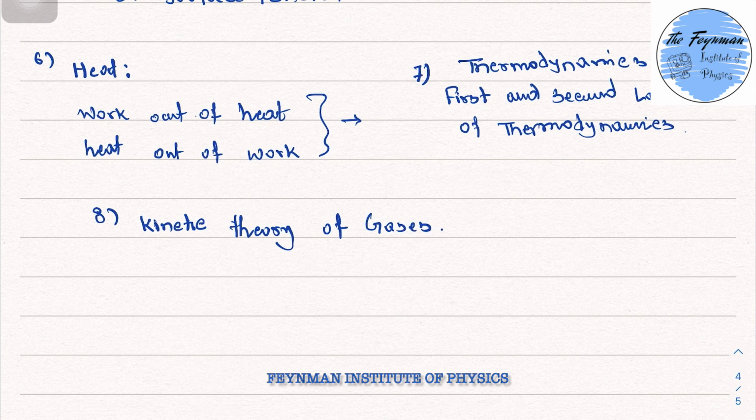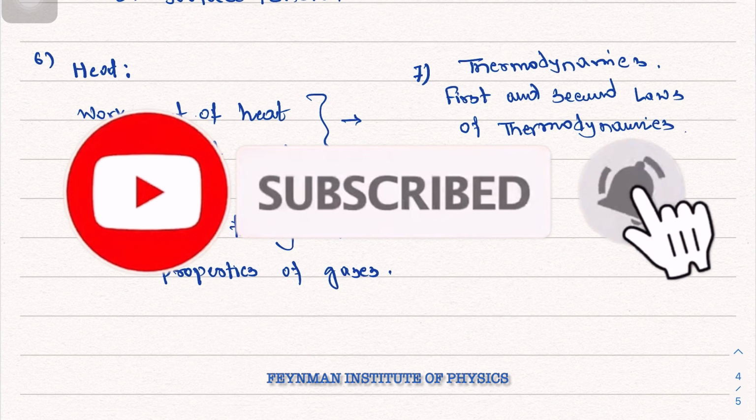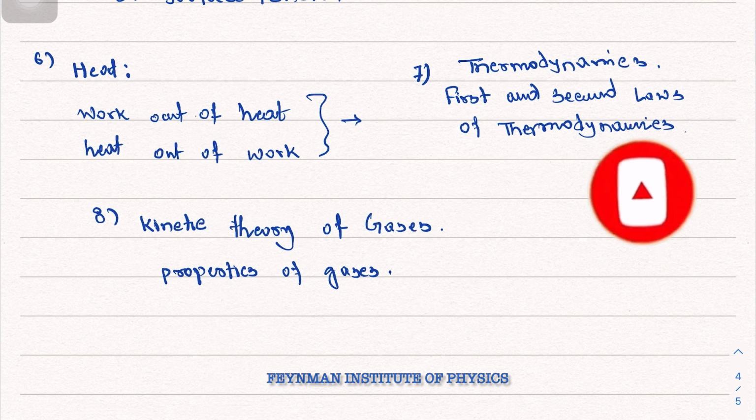We will also find properties of gases in this chapter. So these are the modules we are going to study, and all of these modules are given in this particular sequence in any physics book.